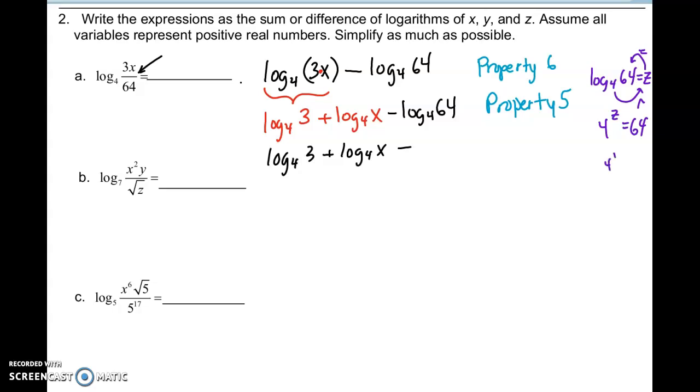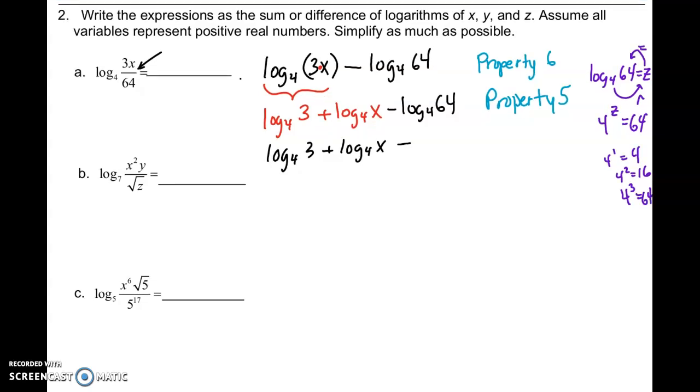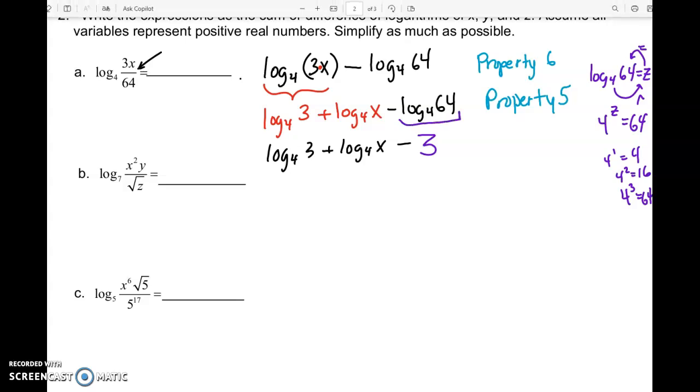I know 4 to the first is 4. I know 4 squared is 16. 4 cubed, well, that's 16 times 4. That's 64. So I can simplify this to 3. So this would be my answer now. So here is my answer.